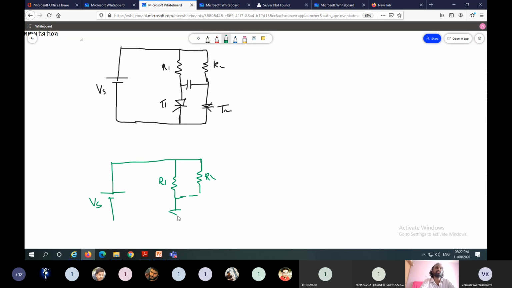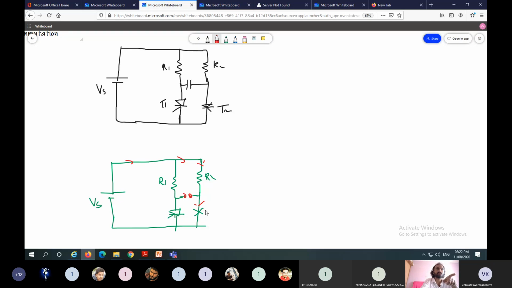T1 is in the on state, this is T1, and current flows in this direction. So we assume the capacitor is initially charged to the source voltage.